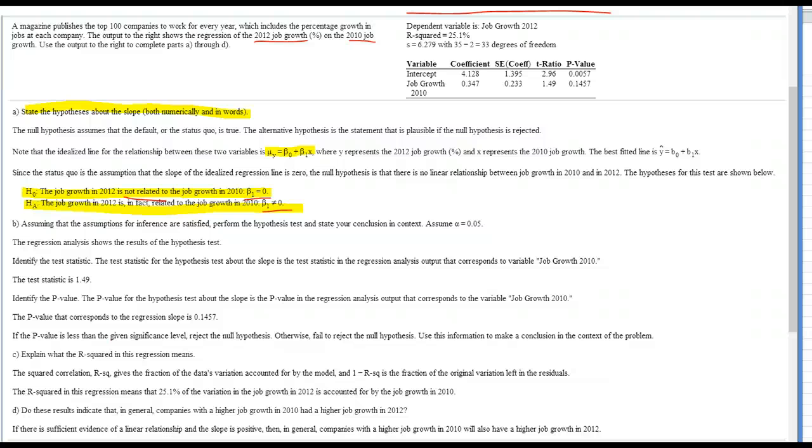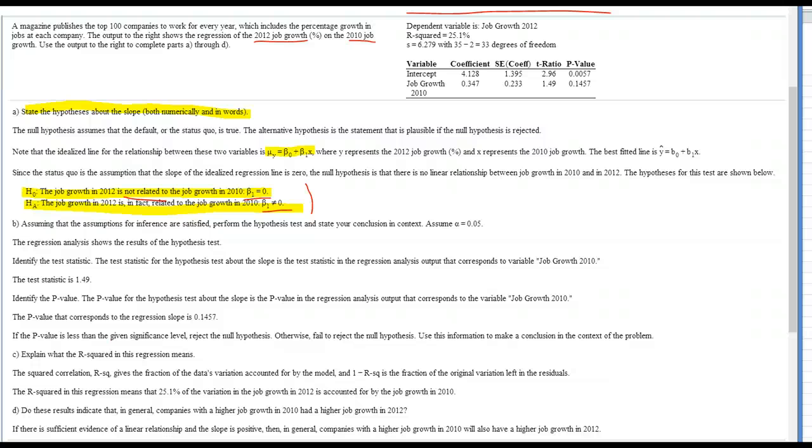If it's negative, then as x increases, y will decrease, so there's a negative relationship. If it's positive, an increase in x results in an increase in y. With a little thought, it's not surprising that it's always a not equal to sign, because all we're testing is whether there is a relationship between the two.